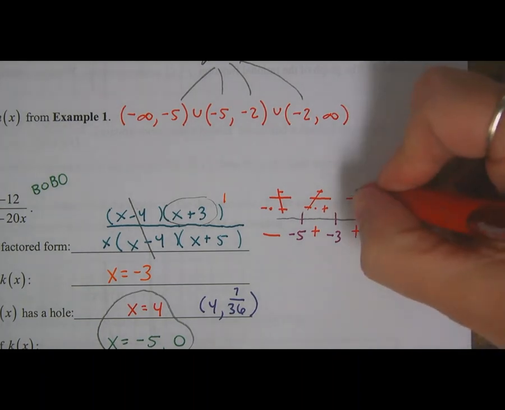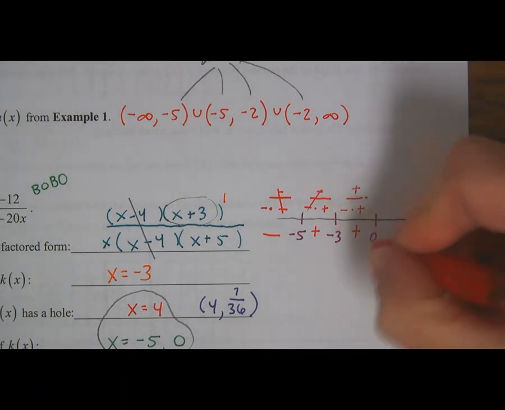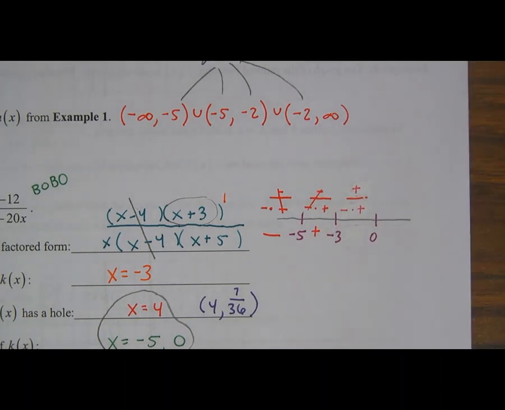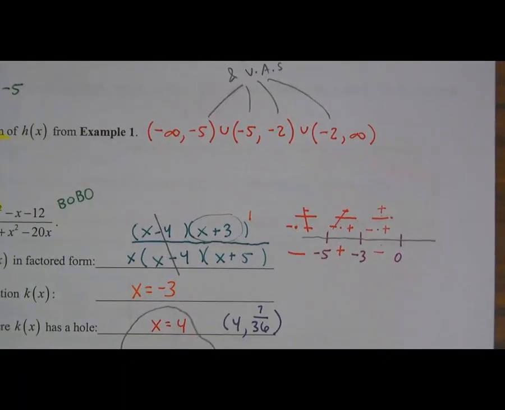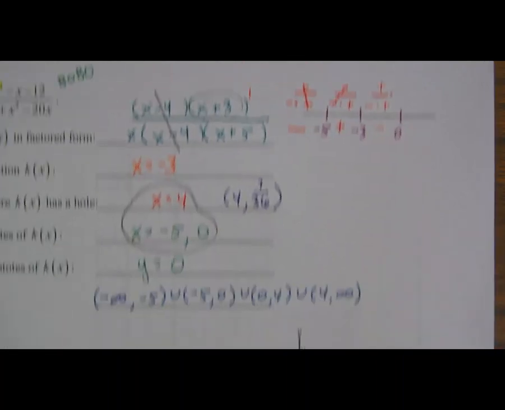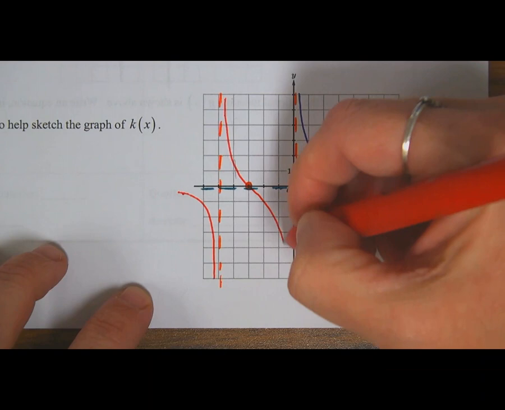So -1 plus 3. Okay. Finally, the y values are going to be negative between the x values of -3 and 0. So now I know it's doing this.